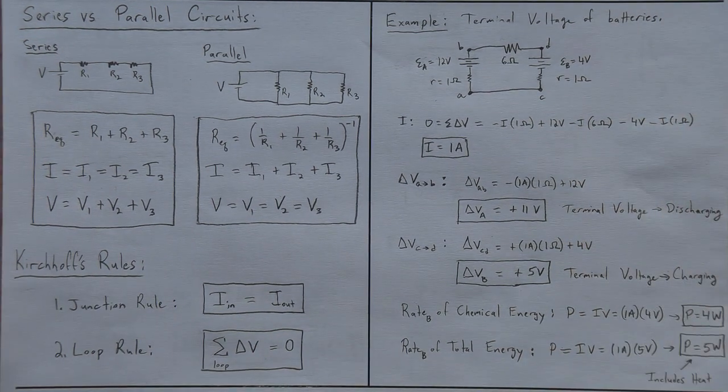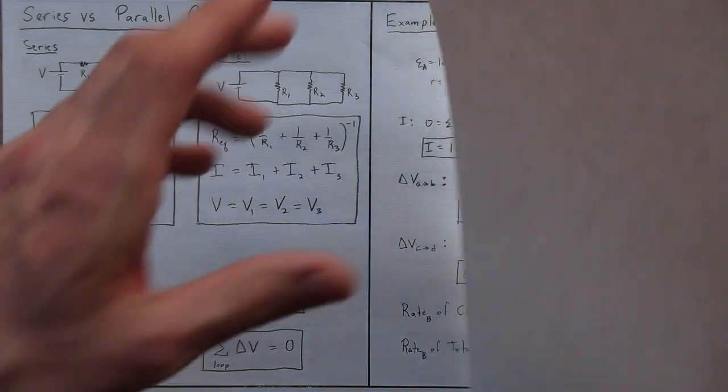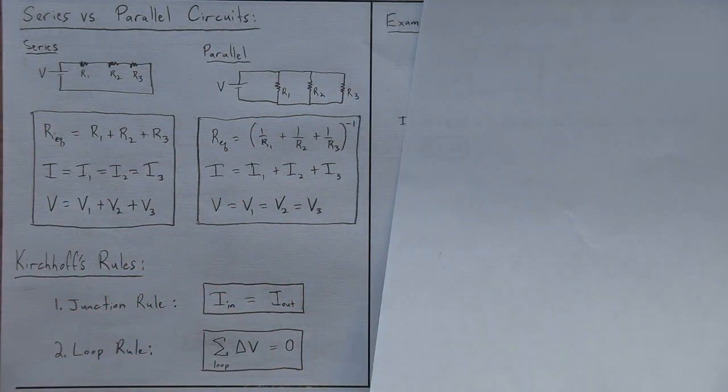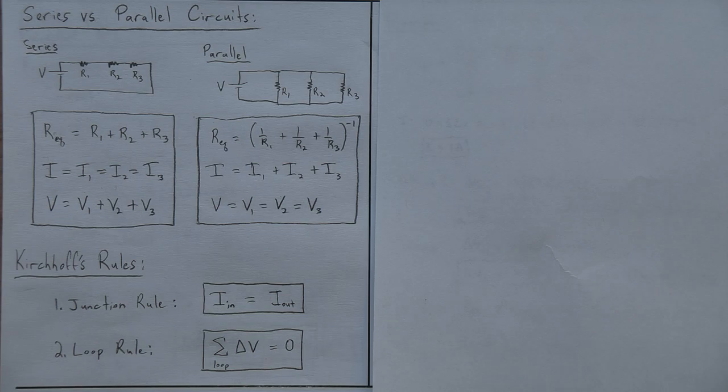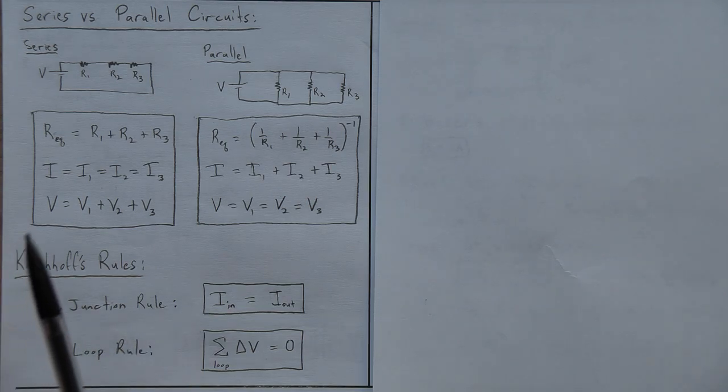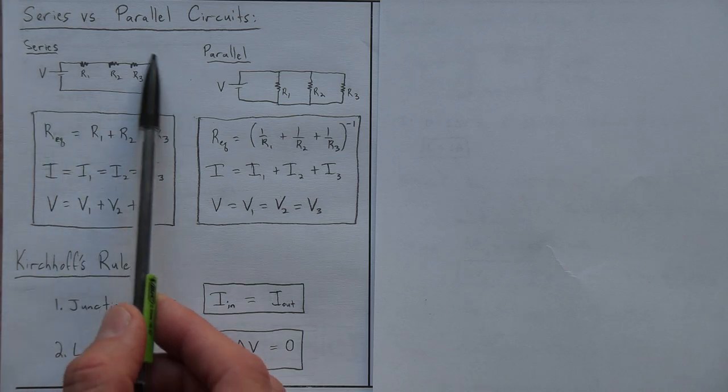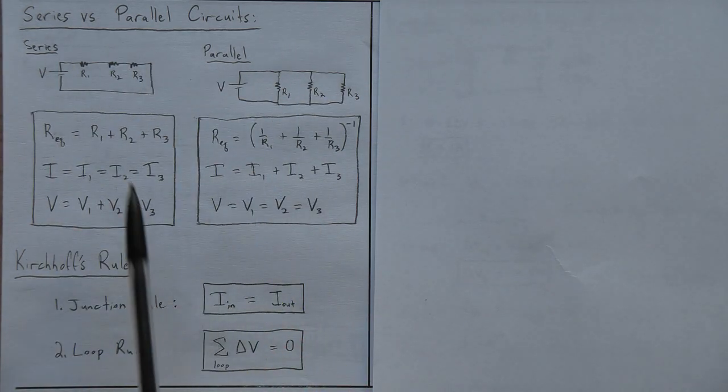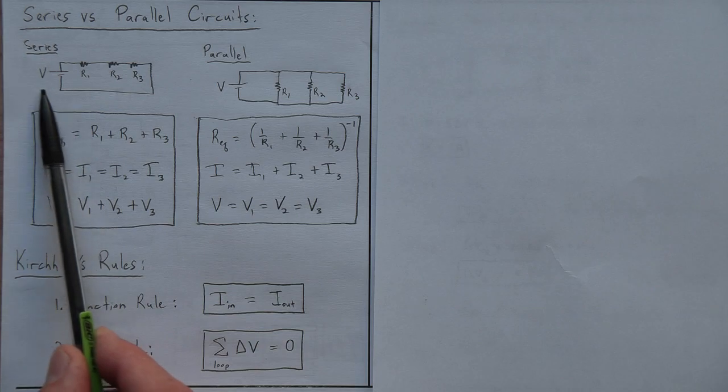Okay. So, now, you could have a simple circuit with just a battery, a resistor, and wires, but you could also have more complicated circuits. The simplest, more complicated circuits you could have is something called series, something called parallel. When the resistors are in series, they're all in a chain.